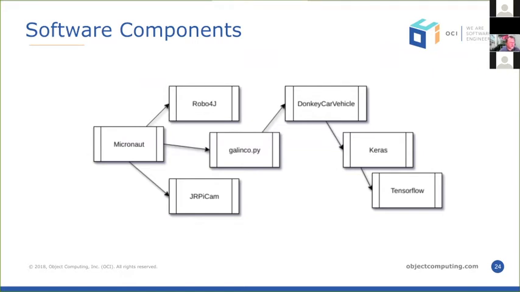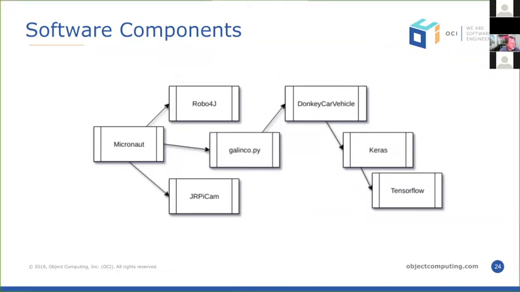These are the software components laid out of what all this thing's made out of. This is all running on the Raspberry Pi right now. Micronaut is providing REST endpoints to a web UI for remote control. We're using the Robo4j library to control motors and servos when we're doing that manually, or remote control mode. And then we're using a library for the camera to take pictures as we go to see what you're doing, called JR-PyCam. Those libraries in Robo4j, I'll talk a little bit about those more in a second.